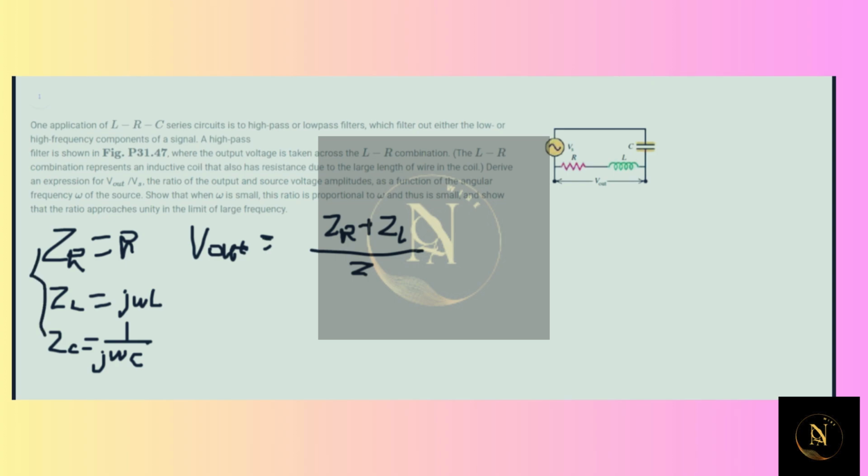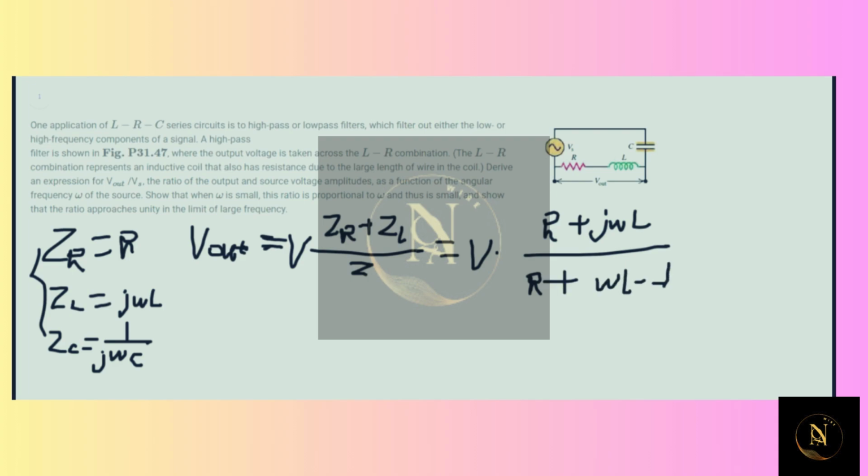So V out equals V times (R plus j omega L) over (R plus (omega L minus 1 over omega C) times j).